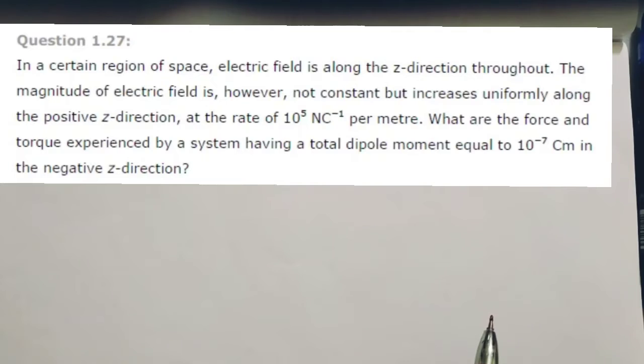Per distance it is increasing gradually. So the magnitude of the electric field is not constant but increases uniformly along the positive z direction at the rate of 10 to the power 5 newton per coulomb per meter. What are the force and torque experienced by a system having a total dipole moment equal to 10 to the power minus 7 coulomb meter in the negative z direction?